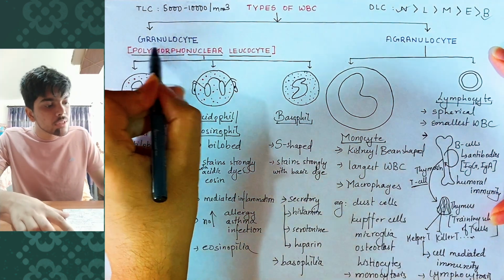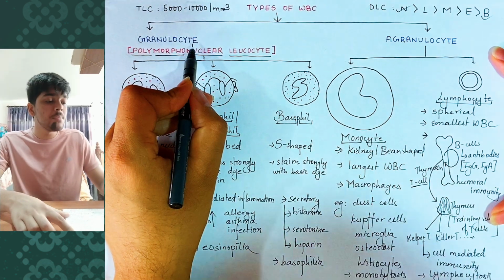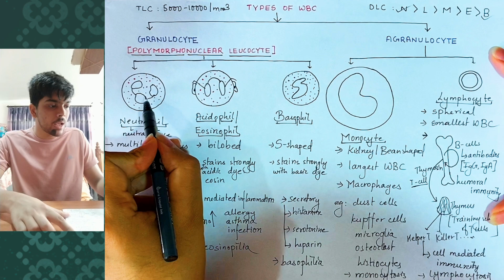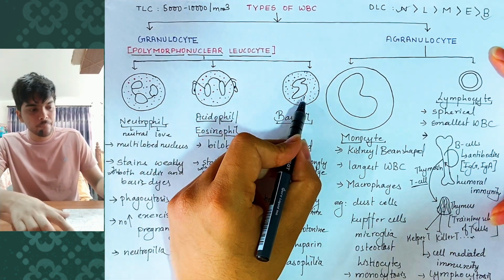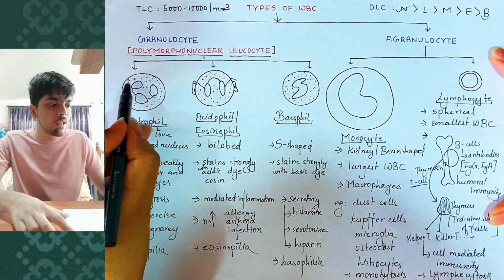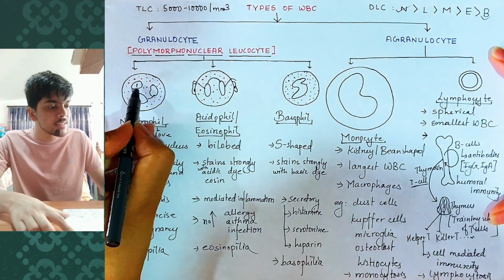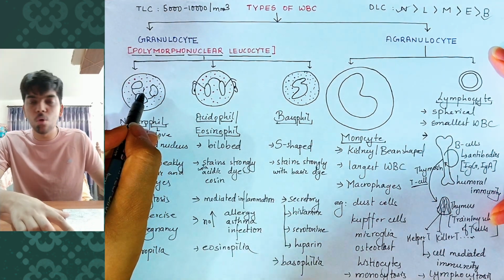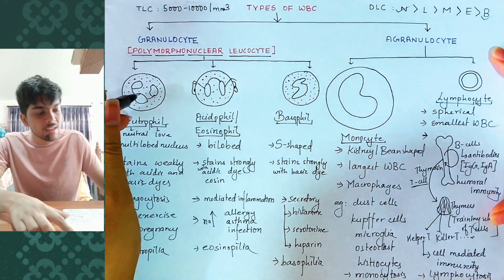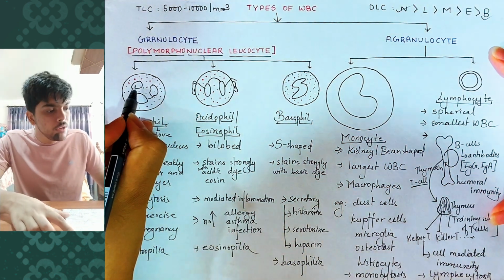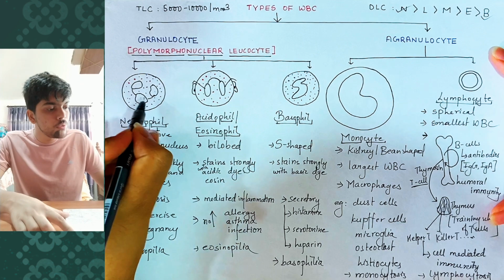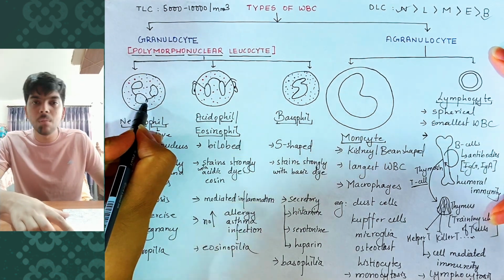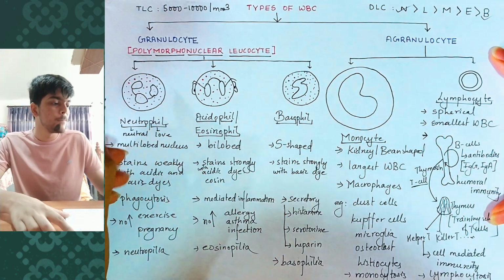Okay, granulocytes, on the basis of the type of granules found inside cells, are of three types: 1, 2, 3. In the first cell, you can see that the nucleus has multiple lobes. In this diagram that I have drawn, the nucleus has 3 different lobes, and these lobes are connected with the help of a connective handle.